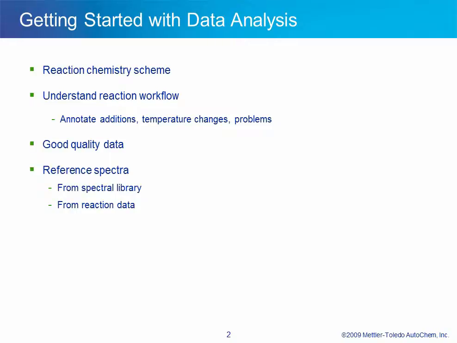And what I mean by problems is, did the stir stop? Was there a problem with a manual addition? So any type of perturbations to the experiment we'd really like to have annotated, because we want to be able to relate whether we're following a true chemical change or whether it's a physical change that happened within the experiment.